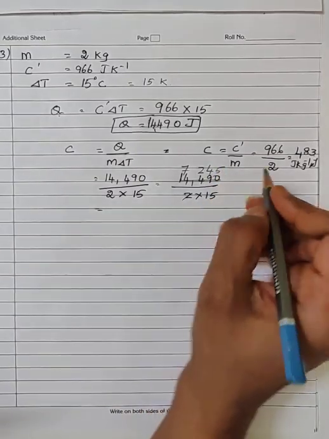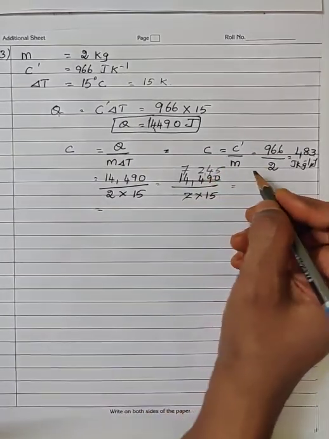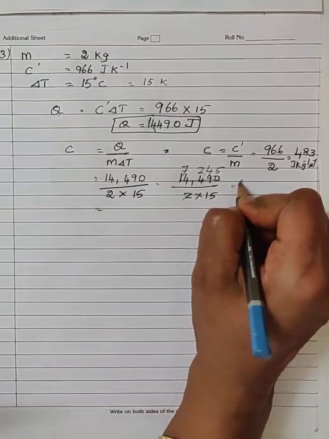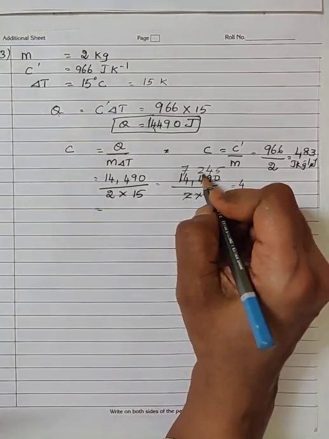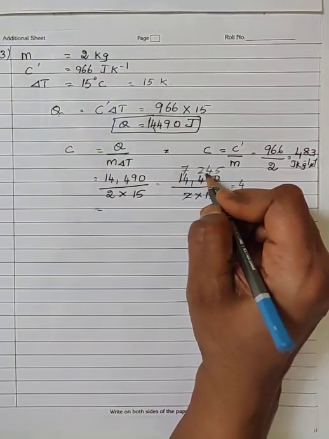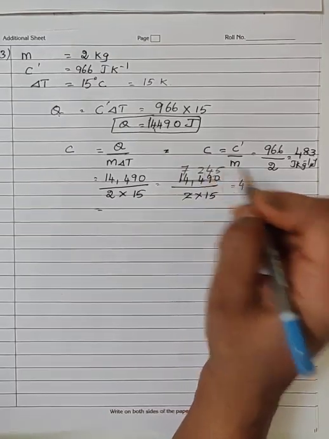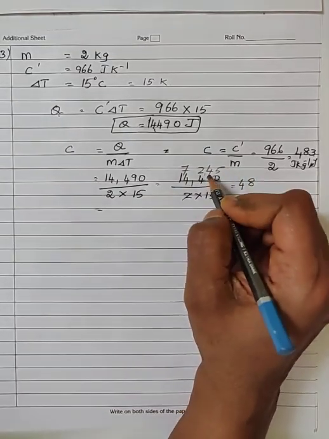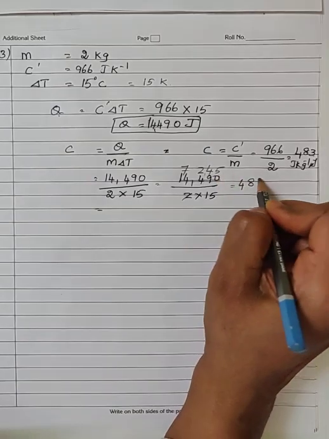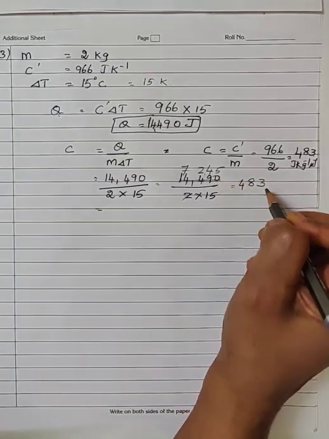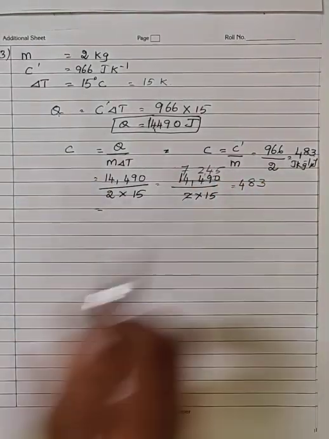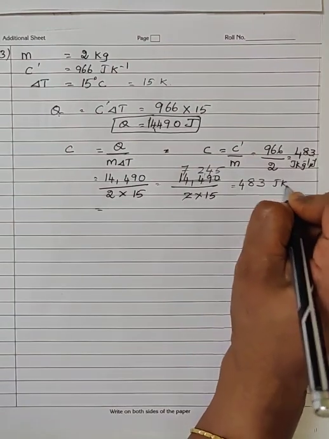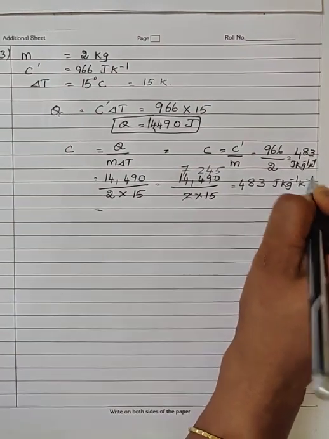By 15, if you cancel it, in 72, you have 4 15s are 60, remaining 12. So 124 you will have. In 124, you have 8 15s are 120, remaining 4, 45, 3 15s are 45. So 483. SI unit of specific heat capacity is joule per kilogram per Kelvin.